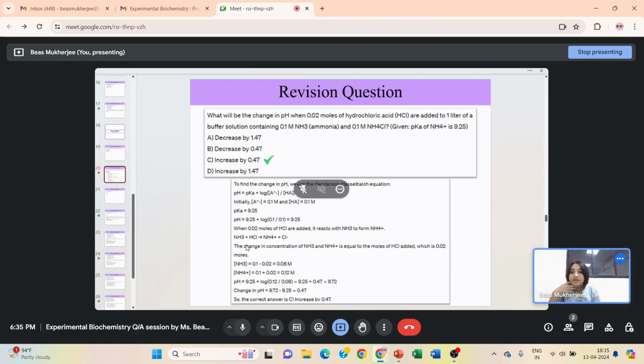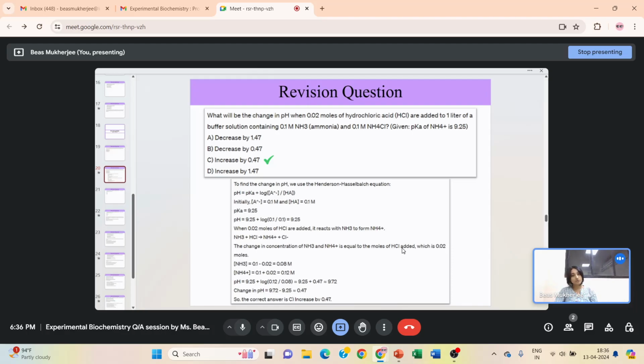Now see, when 0.02 moles of HCl are added, it reacts with NH3 to form NH4+. NH3 plus HCl gives your NH4+ Cl minus. The change in concentration of NH3 and NH4+ is equal to the moles of HCl added, which is 0.02 moles. NH3 is equal to 0.1 minus 0.02.